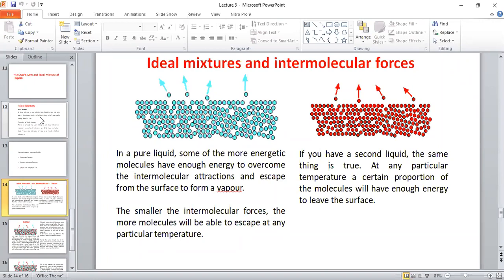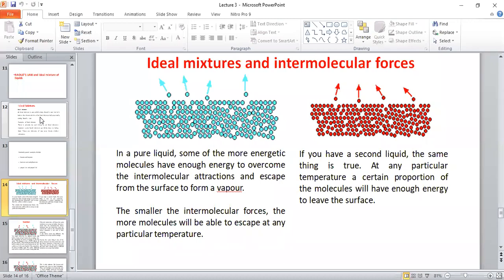But some of the molecules towards the surface are sometimes so energetic that they can manage to escape and go into vapor. The smaller the intermolecular force, the more molecules will be able to escape at any particular temperature.